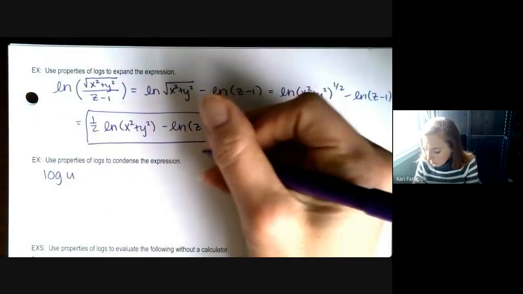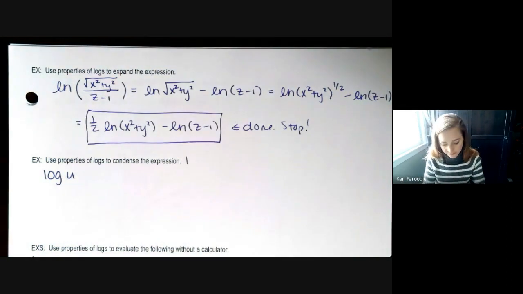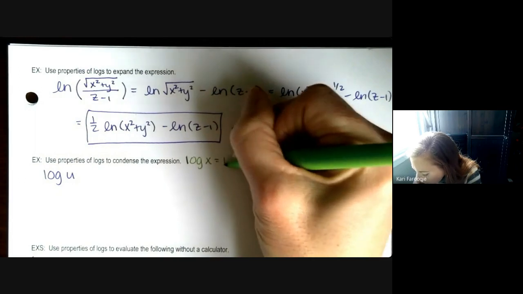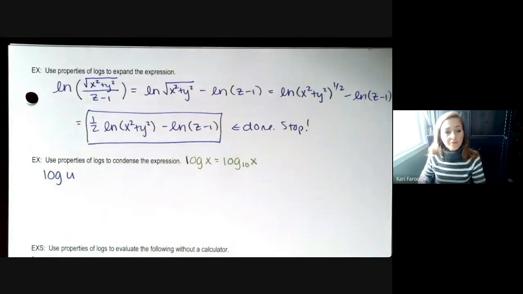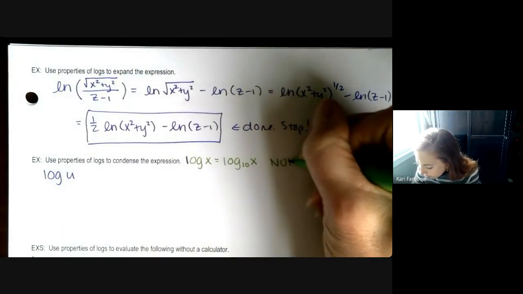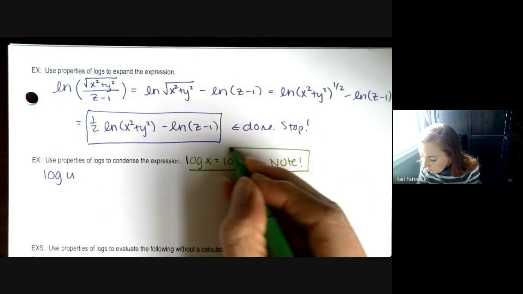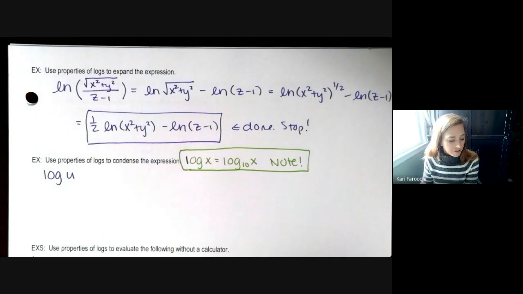If you just have log x, for instance, that is assumed to be log base 10 of x. I don't know how I did not mention this sooner. If there is a log and you don't see a base on it, it's assumed to be log base 10.